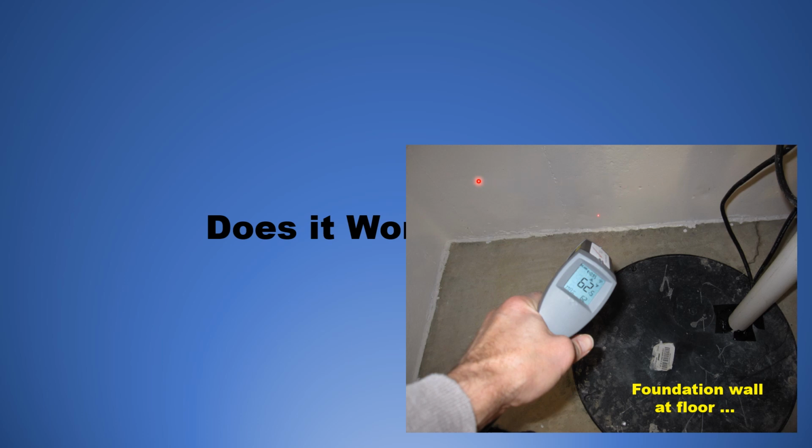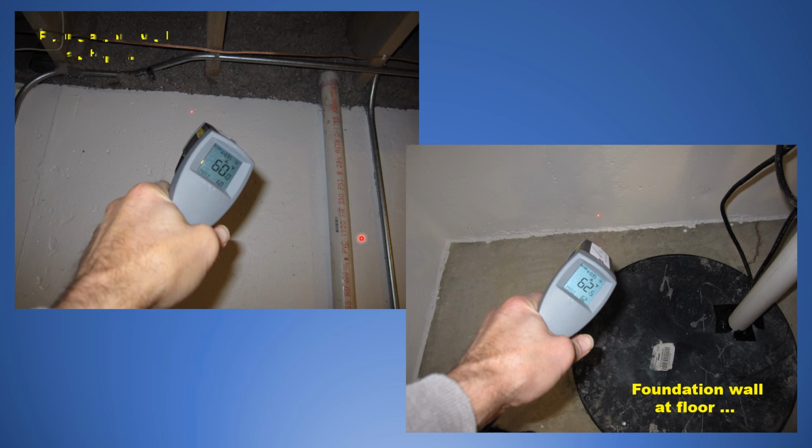I used a great primer sealer called Gripper, and I would suggest if you're going to coat your basement walls, use that. So let's move upward from this point. Look what's going on at the top of the wall. Notice 60 degrees, and 24 degrees outside. Hey, that's not bad.